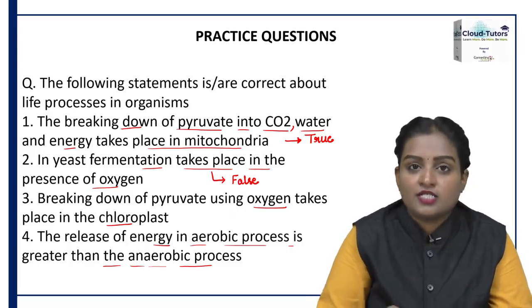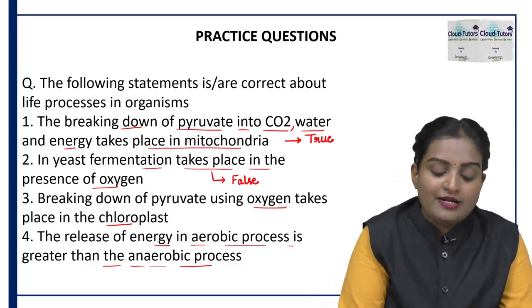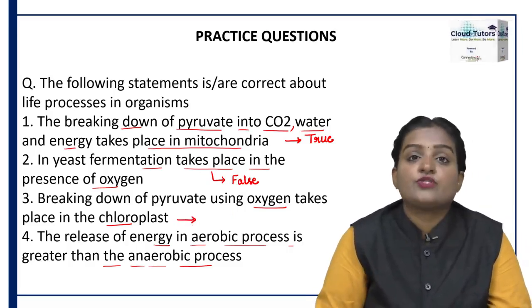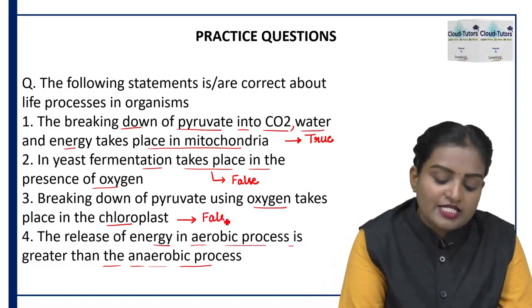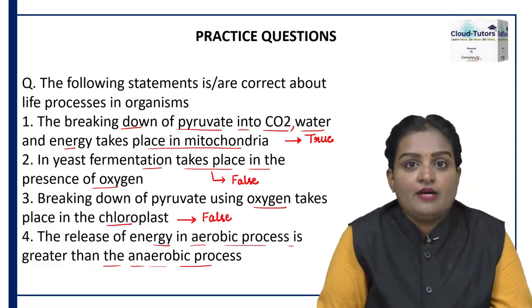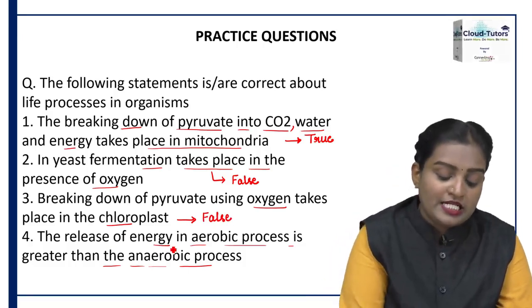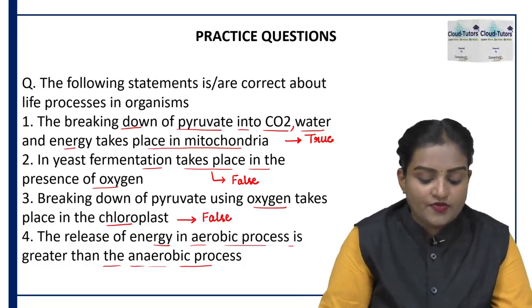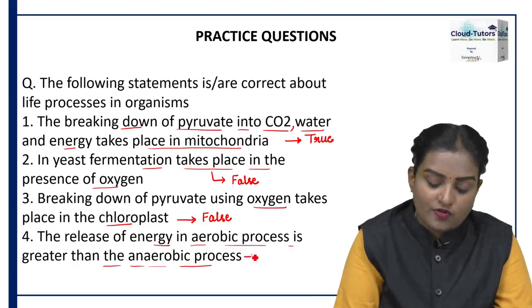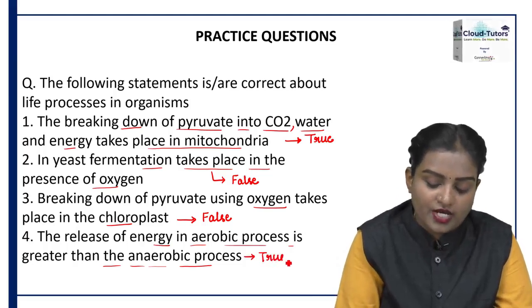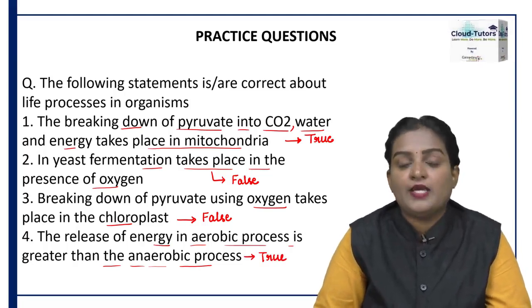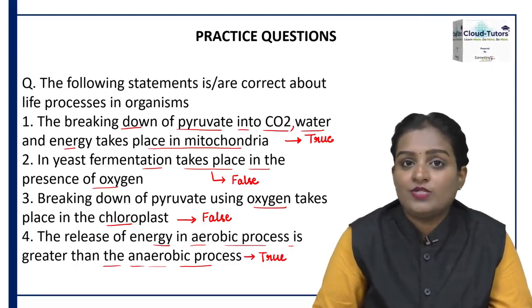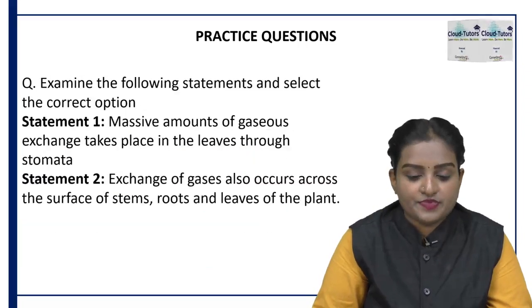Third option, breakdown of pyruvate using oxygen takes place in chloroplast, which is again false because it occurs in mitochondria. Fourth option, the release of energy in aerobic process is greater than anaerobic. This is a true statement, because aerobic produces 36 to 38 ATP, anaerobic produces only 2 ATPs.